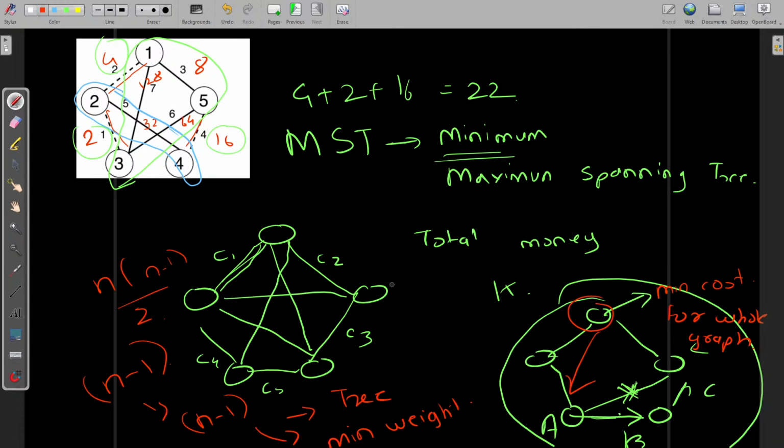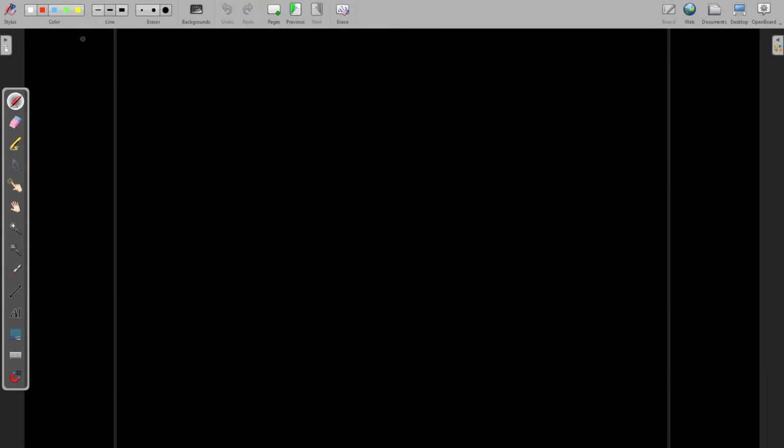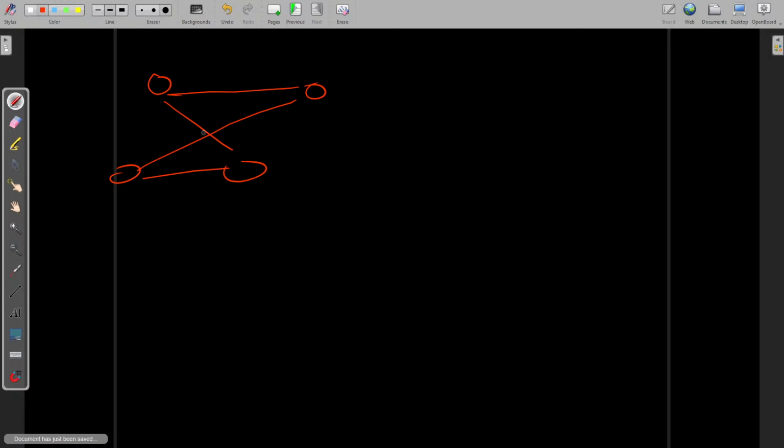But in this particular problem, the question is the exact opposite. What you have to do is delete the ones with the minimum cost and keep the ones with the maximum cost. So one other thing which changes is, let's say earlier you had a graph like this, and if you wanted to create a minimum spanning tree of this graph, you would try to delete as many edges as possible.